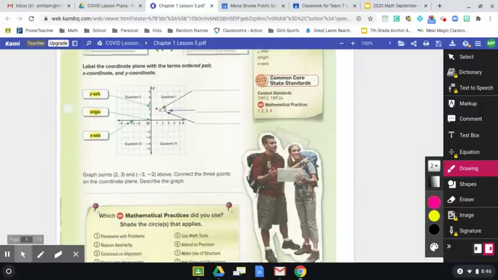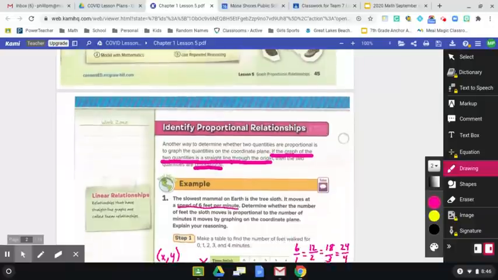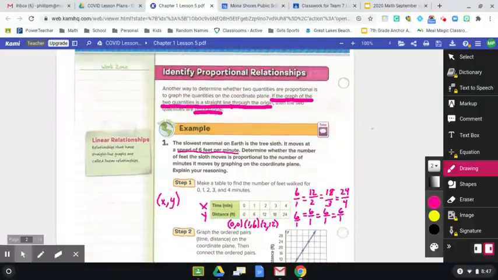And we understood that when you are looking at a graph, if you're determining if it's proportional, the graph has to be a straight line through the origin, which is 0, 0. Origin is that original point in the center of a coordinate plane at 0, 0. So if the graph has a straight line and it goes through the origin, it is considered proportional.